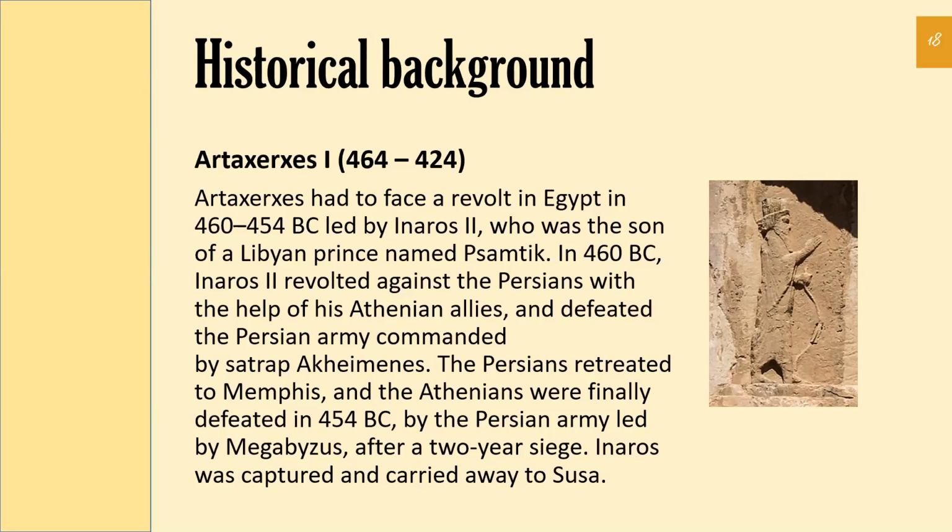So the revolt was very successful, and actually this guy Inaros even asked for help from Greece. And according to different sources, we do not know exactly, but the Athenians and their allies sent about 200 ships to help Inaros, because they wanted somehow to influence the policy of Persia.